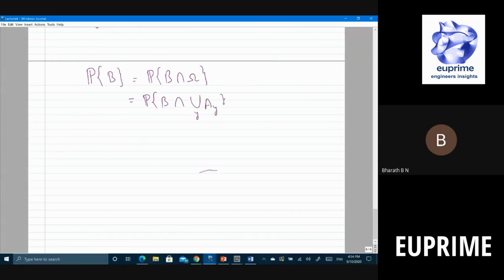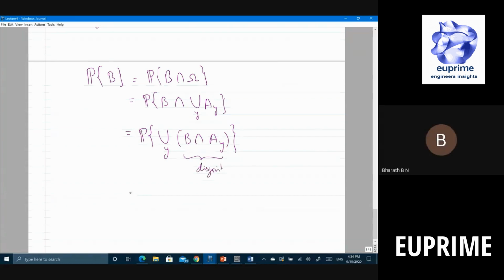I can do this because the union over all AY is omega. De Morgan says B intersection union of AY is the union of B intersection AY, right? So if AYs are disjoint, what can you say about B intersection AY? All these will be disjoint.